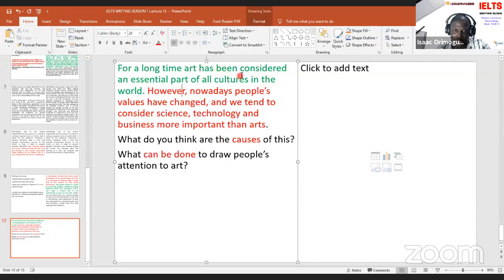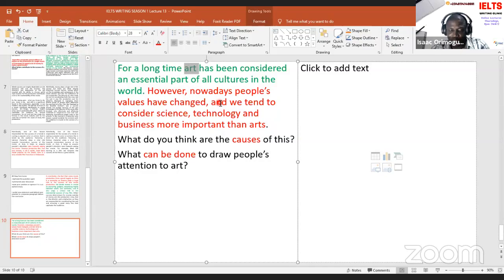The issue is art used to be a very important part of our culture, but now the culture in the air is science, technology, and business. Okay, so what do you think?